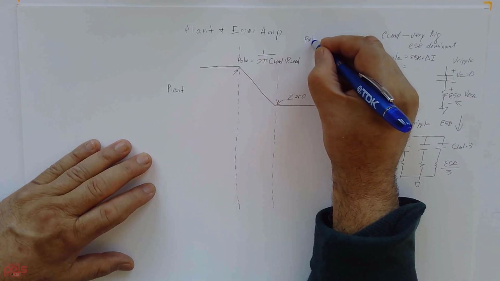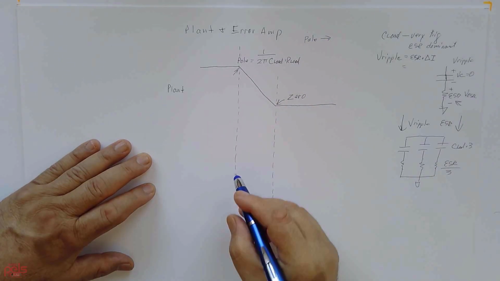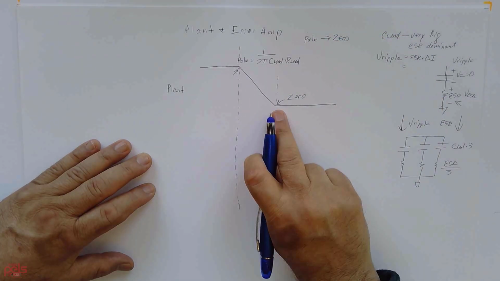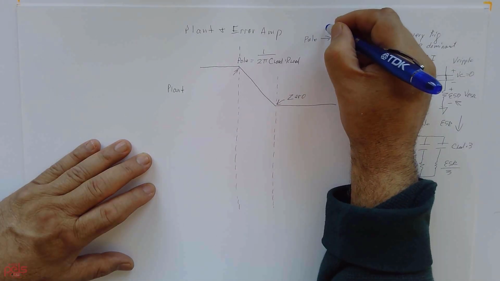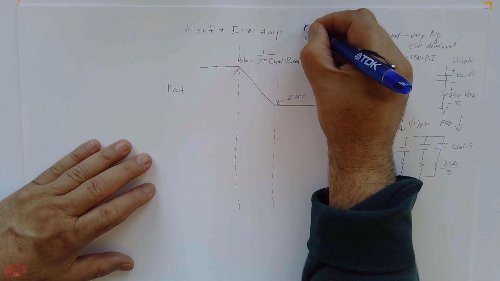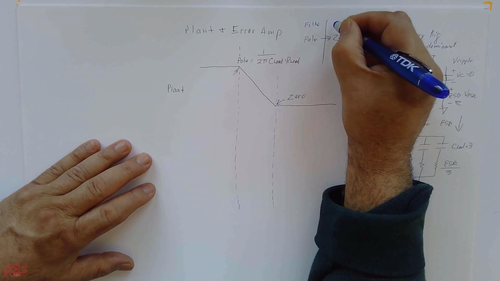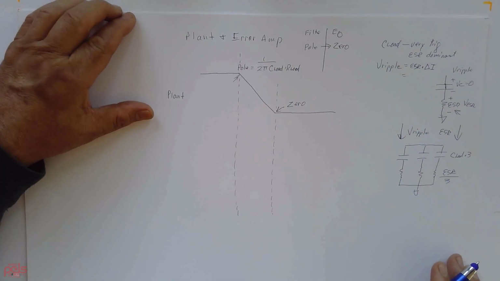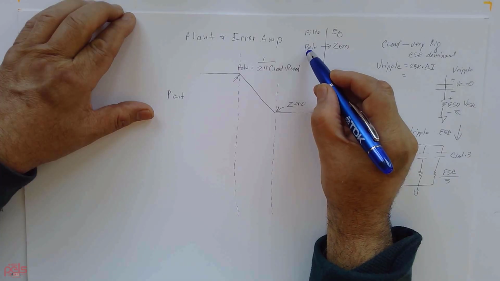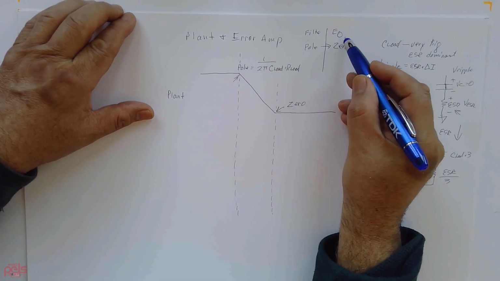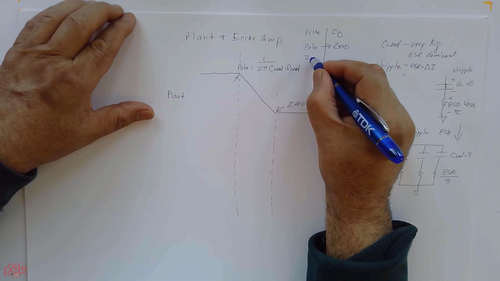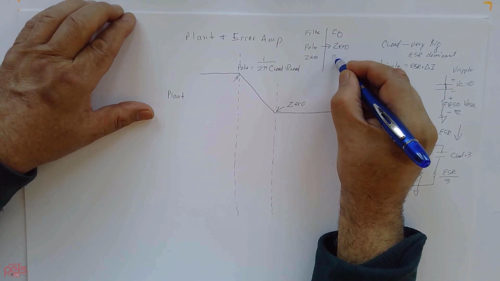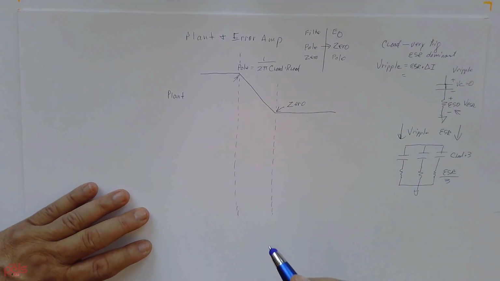So if the filter has a pole, then you want your error amp, EO, to have a zero. And if your filter has a zero, you want to place a pole in your error amp.